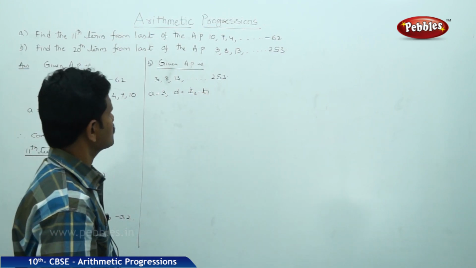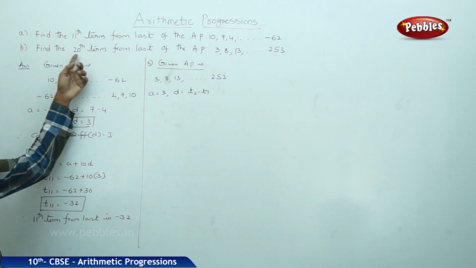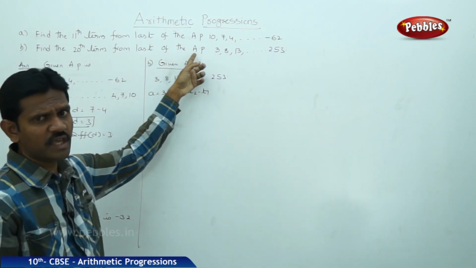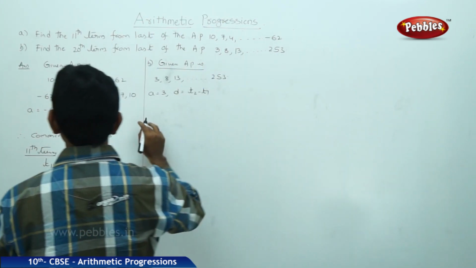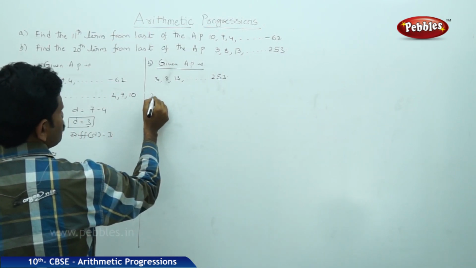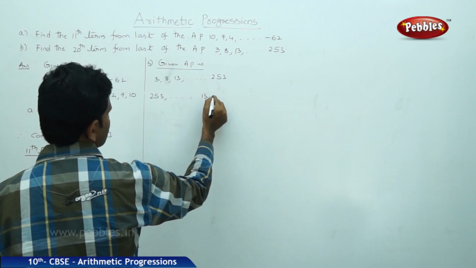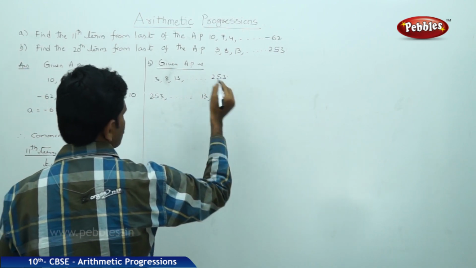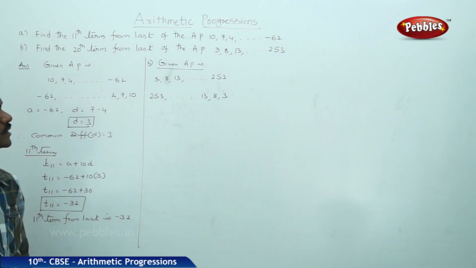Okay, let us see, we will find the 20th term from the last of the AP. Now we will reverse the data first, that is 253 and so on 13, 8, 3. We have to write the data from the back to the front.